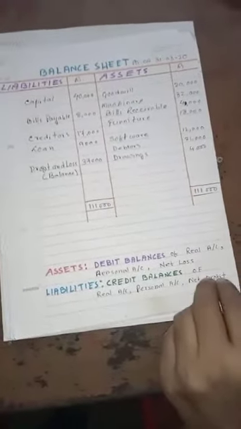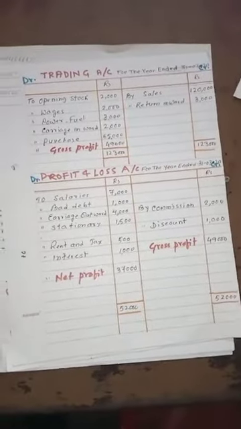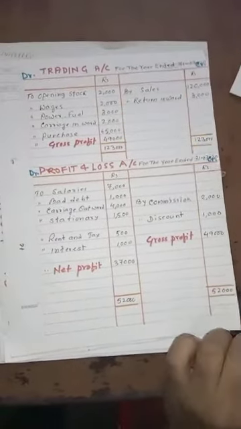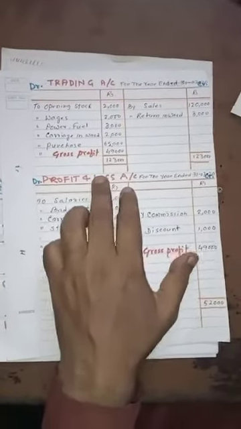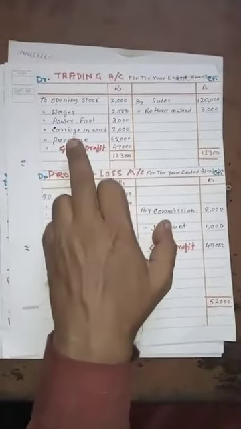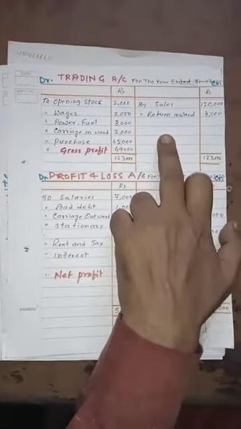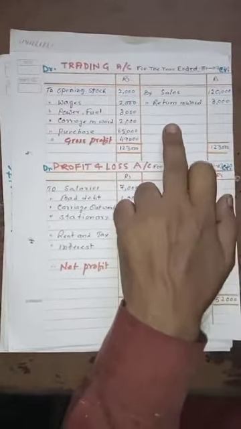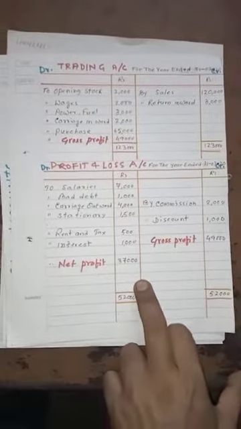Clear? From the trial balance, the nominal accounts which are marked with T, we are recording in the trading account. Debit balances will go to the debit side and credit balances will go to the credit side. Clear? The nominal accounts which are not marked with T, the rest of the nominal accounts, are being recorded in the profit and loss account.